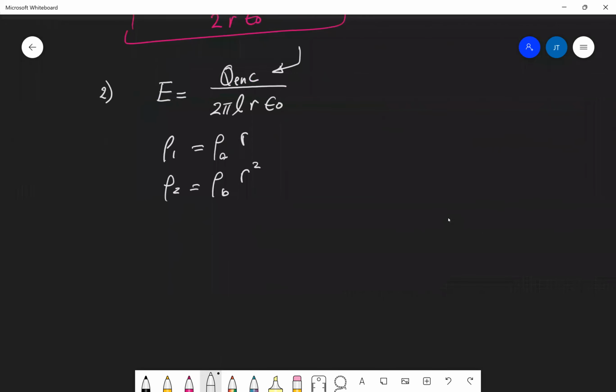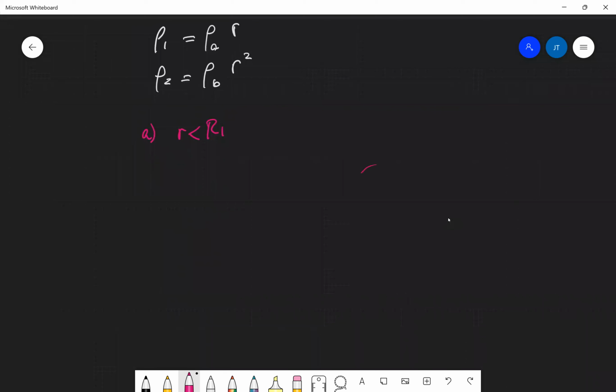So now, let's do part A. When r is less than R1, I'm inside the cylinder, and inside that cylinder, my density is rho 2. So here's the cylinder, the inside one. Let me draw it like this. Here's R1.